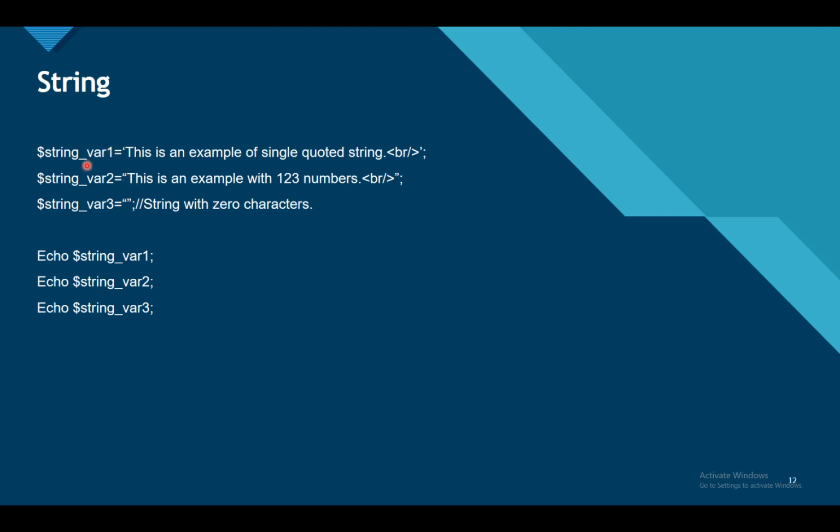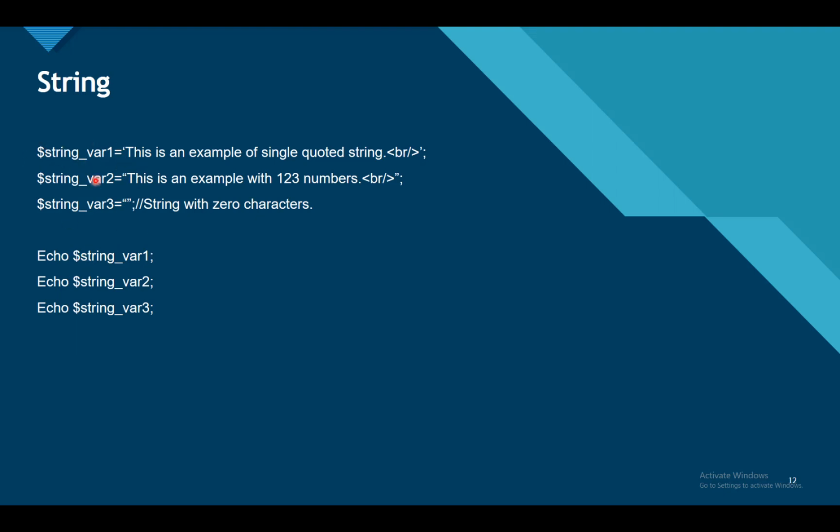So same, we have the variable name and then the value, variable name, another value. String var 3 is empty, string with 0 characters. Kaya quoted naman, double quote naman akong gibutang. So it's empty. And here I display the 3 variables, which is var 1, var 2, and var 3.